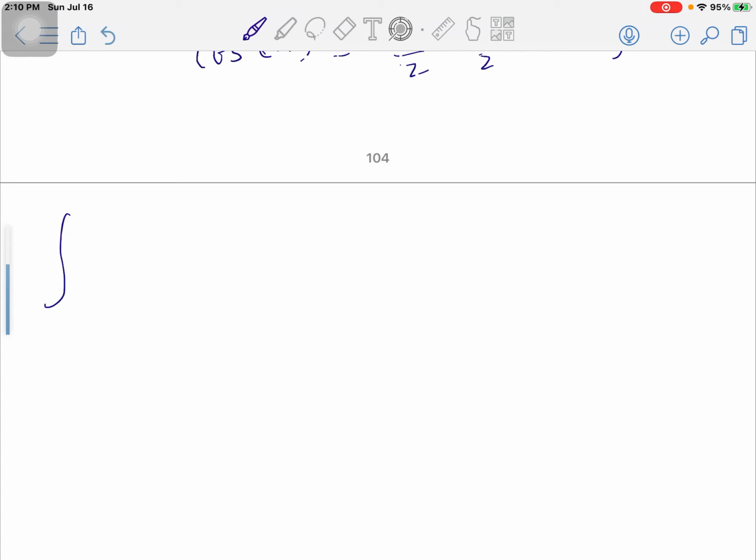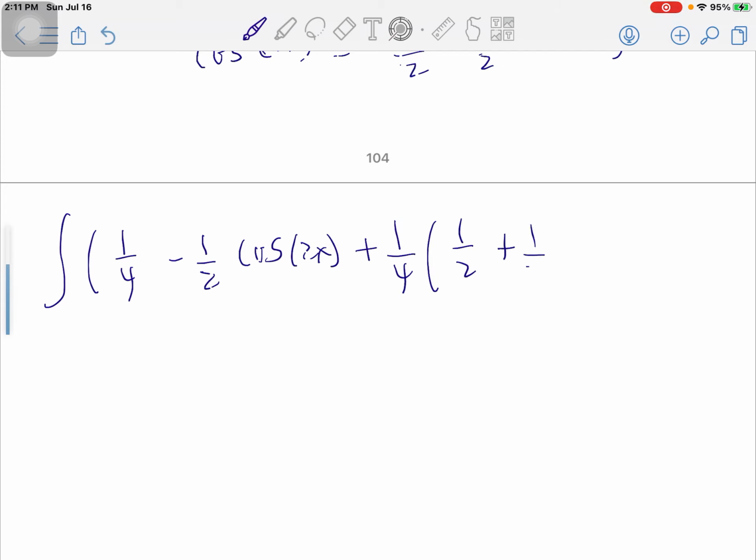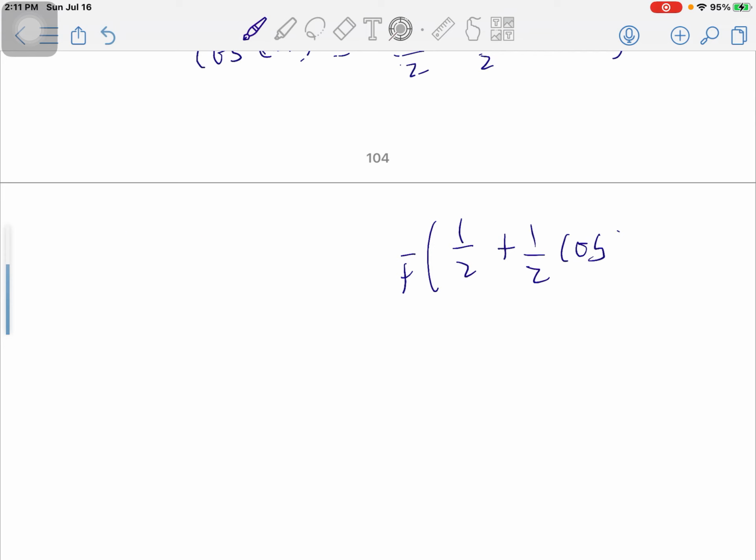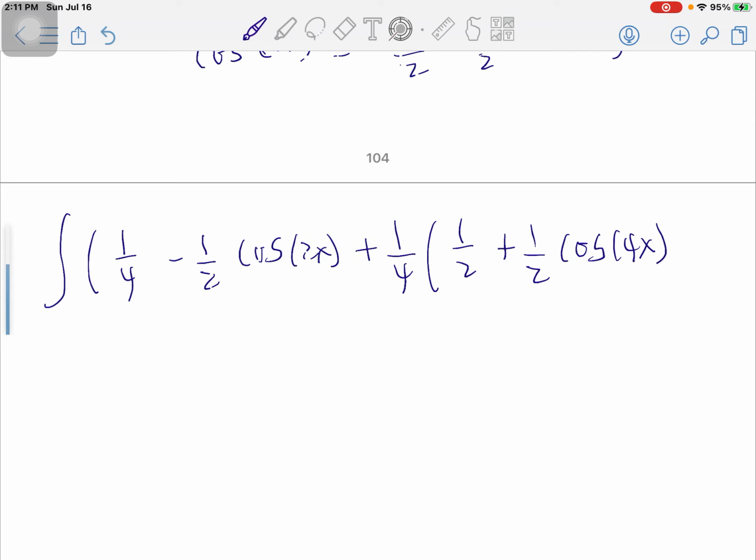So in doing that, you go and substitute it back over here. When you substitute it back, you are going to get the integral of 1 over 4 minus 1 over 2 cos 2x plus 1 over 4, in brackets, 1 over 2 plus 1 over 2 cos 4x.